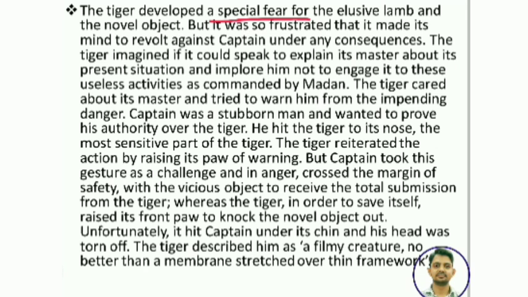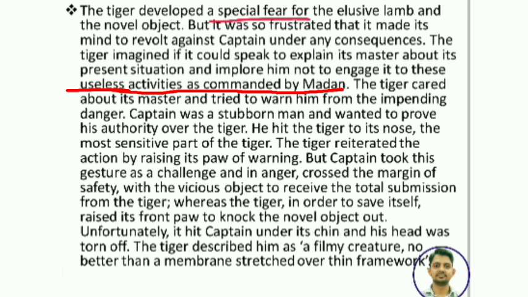But whatever the consequence, the tiger was ready to revolt against the master, meaning the captain. Like in the story, the tiger was unable to speak, but it wanted to tell its master that it cared for him a lot, and it wanted him to save himself from the coming danger, because it wanted these useless activities, which his master was forcing it to do, to stop.